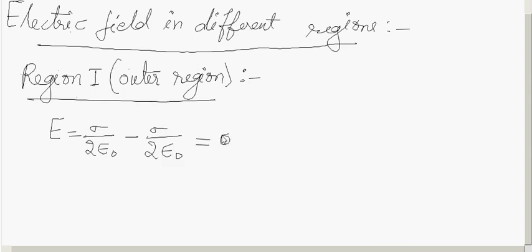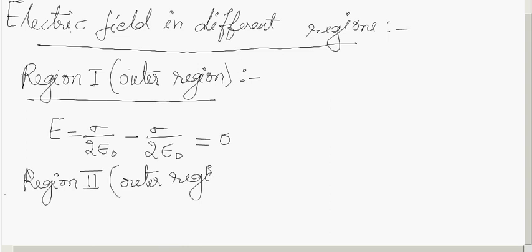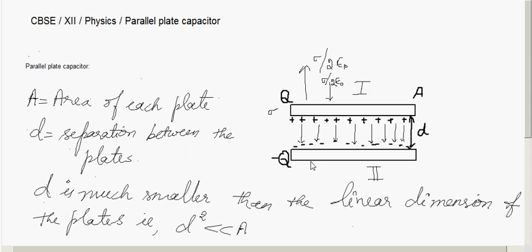Now consider region 2. Again, this is also an outer region. Similar to region 1, here also we have two equal and opposite fields, one due to the positive charge plate and another due to the negative charge plate.